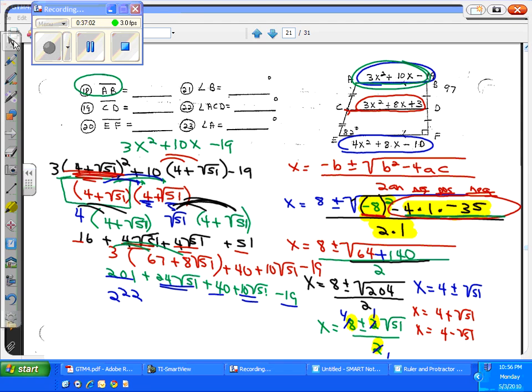And then we combine our square root 51s: plus 34 square root 51. That would be the answer to AB as a radical in simplest form: 222 plus 34 square root 51.